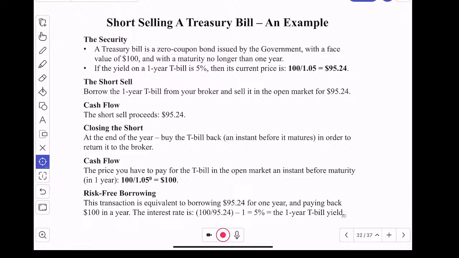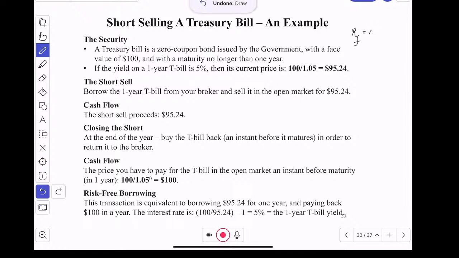So you created, with the existence of a T-bill, without any other opportunity to borrow funds, this is the way you can, through short selling, borrow at a risk-free rate. Now we say risk-free because in the theory we use this notation that this is the risk-free rate, or T-bill rate.